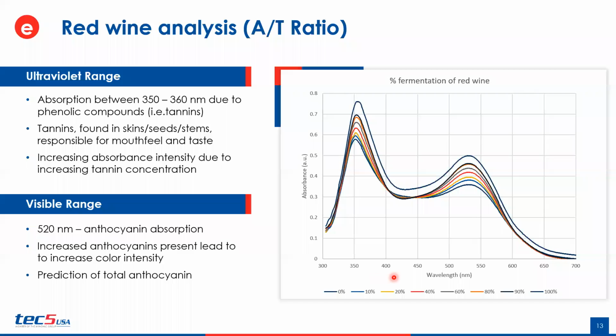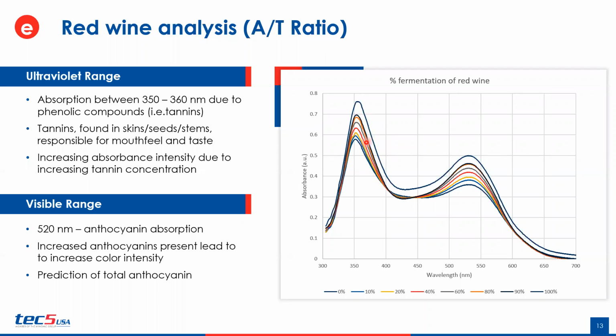So breaking it down into two different components, you can see the absorbance in this region here has an absorbance peak intensity between 350 and 360 nanometers. And that absorption is due to the phenolic compounds. In this case, that is the tannins. So as I mentioned, they're found in the skin, seeds, and stems, and they are responsible for mouthfeel and taste.